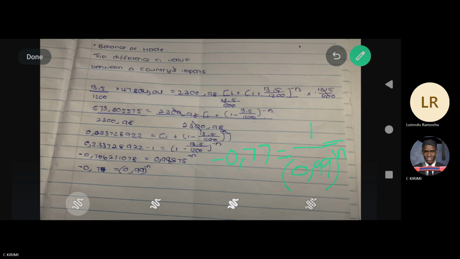Now it will be positive n, because I've put it as 1 over.